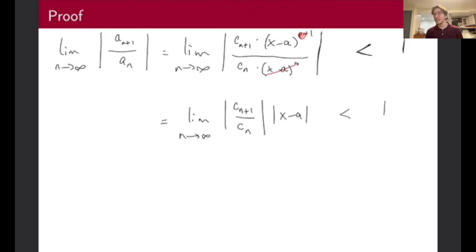Now, notice this doesn't depend on n. No n's. So I can pull that out of the limit. Yes, it has an x in it, and normally we're looking at the limit as x goes to something, but here, with the ratio test, it's a limit as n goes to infinity. There are no n's keeping this x minus a inside of the limit, so I can pull it out.